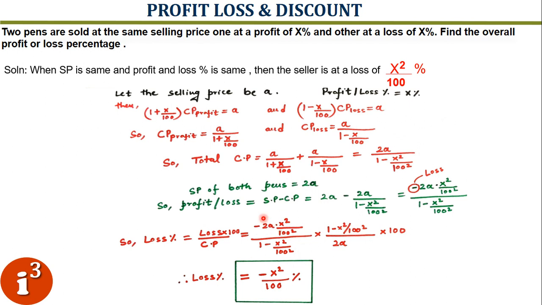So 2a and 2a get cancelled, 100 square and 100 get cancelled, and we are left with minus x square by 100 percentage. So the loss percentage is minus x square by 100 percentage. You remember, when the selling price is the same and the profit and loss percentage is the same, the seller is always at a loss of x square by 100 percentage.